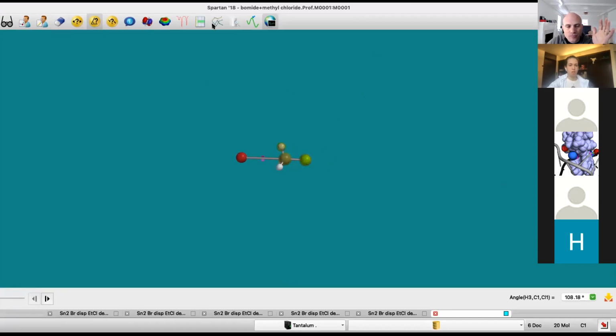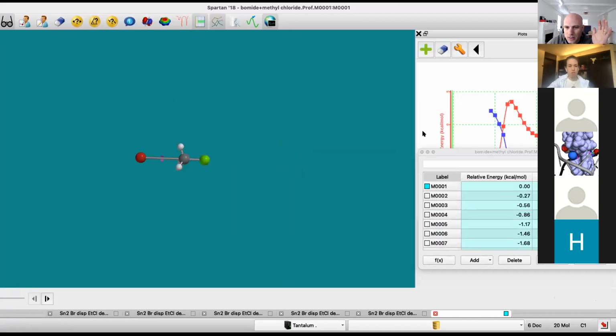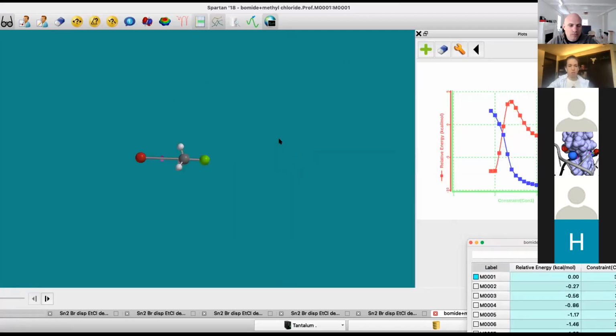All right. Let me add the, yeah, this is pretty cool. So bromide's going to come in. The red series in the chart here is the energy of the system, and it's going to run from right to left as the bromide approaches. And so you can watch this thing coming in, and it's getting closer and closer.